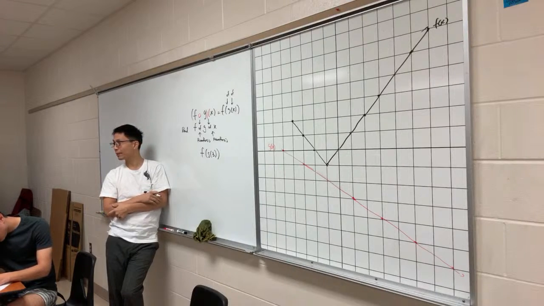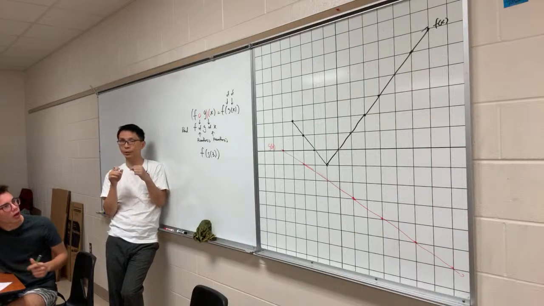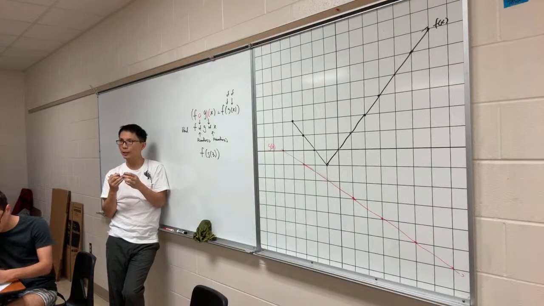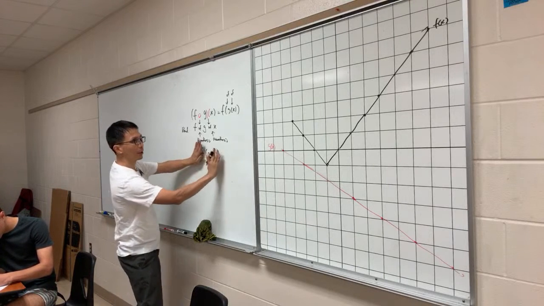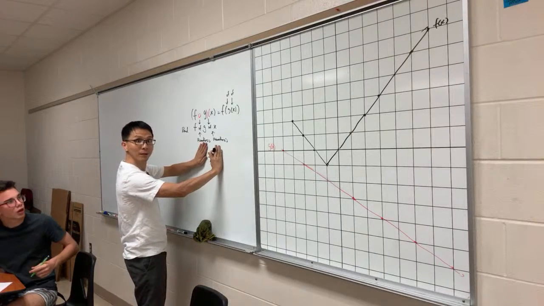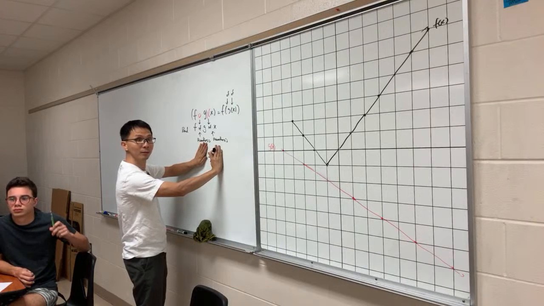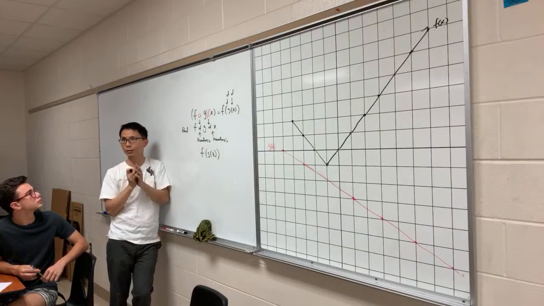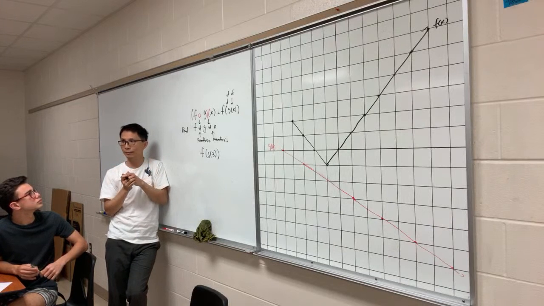Don't shout the answer, please. Now remember, going from inside out. Look at this first. Do you see that? And then you go like this. Look from the inside out. Don't look from the outside in.